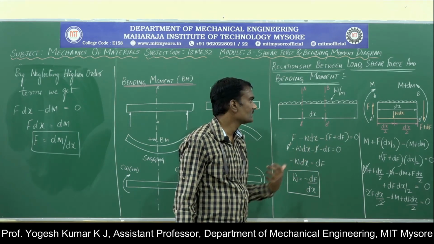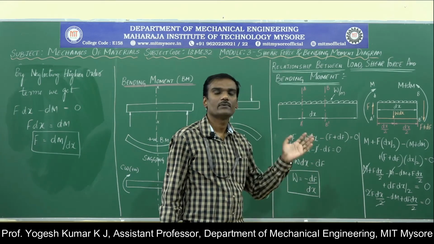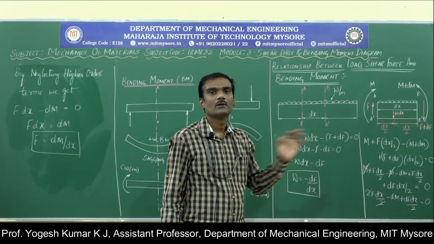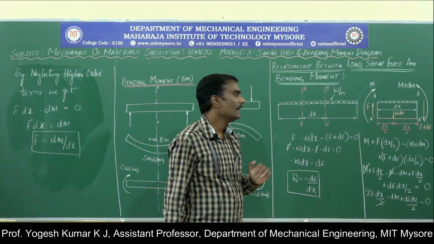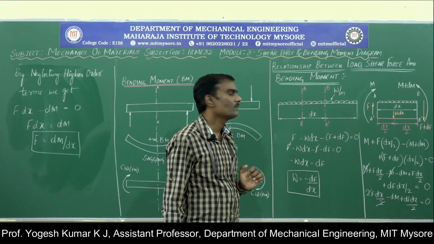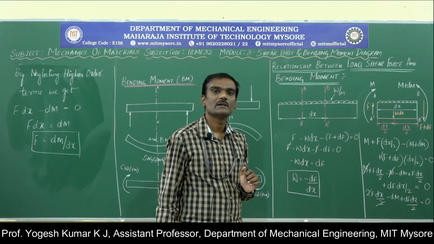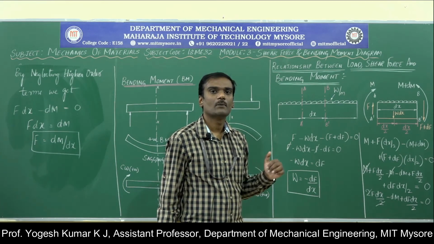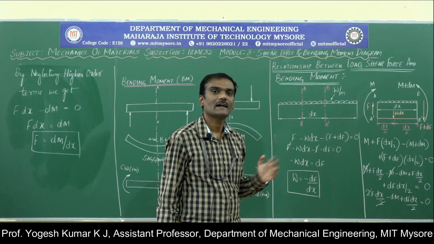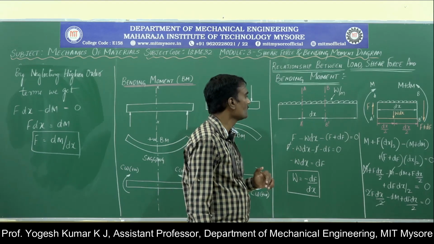On this elemental length of dx, we have force F and moment M acting, and similarly at section BB dash, force F plus dF and moment M plus dM acting as shown in the figure.